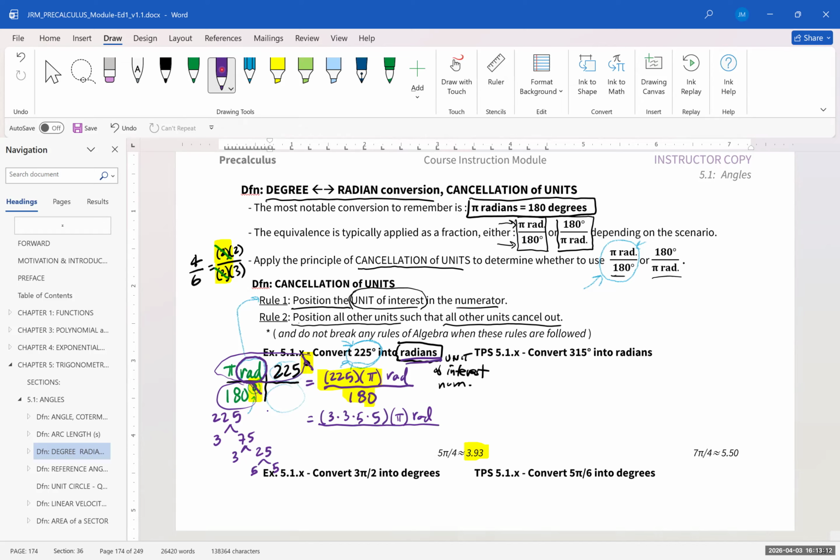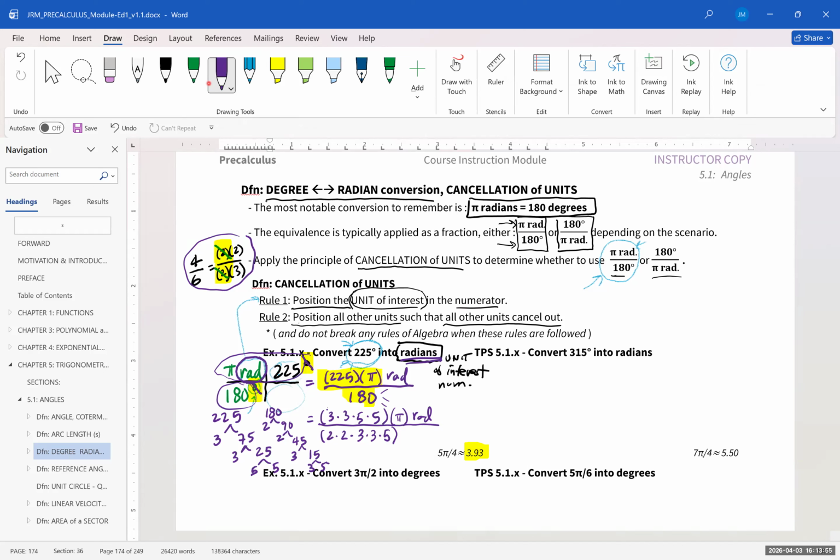And what about 180? That's 2 times 90, 2 times 45. Let's see here, 3 times 15 and 3 times 5. So 180 is 2 times 2 times 3 times 3 times 5. That's what 180 is equal to. And just like I mentioned up above, we can cross out common factors.